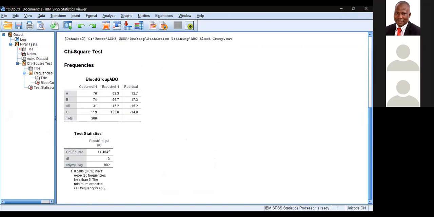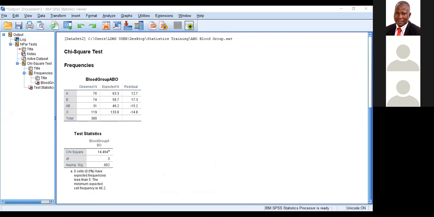You will see that it gives you A, B, O. It gives you their own observed frequency. Can you see? It gives you your own observed frequency here. It gives you the expected frequency you just put in. It gives you the difference. If you remember when we were calculating the difference.